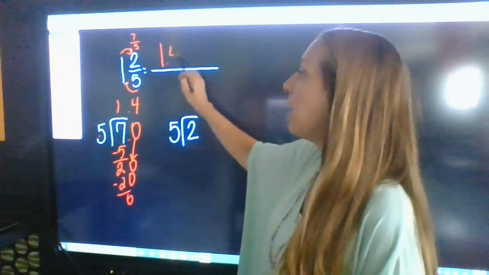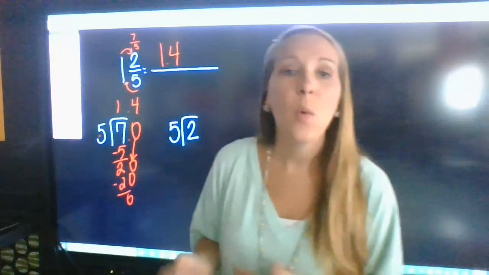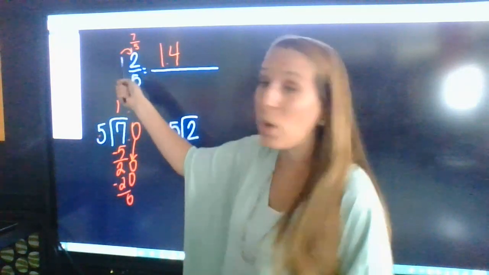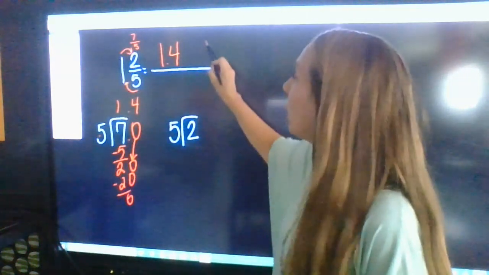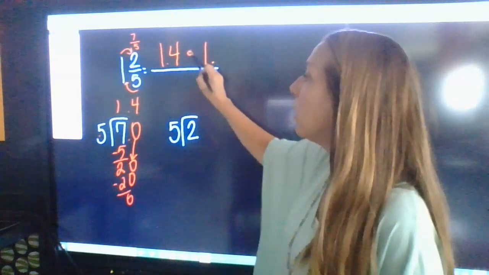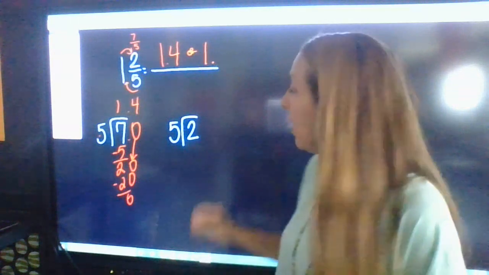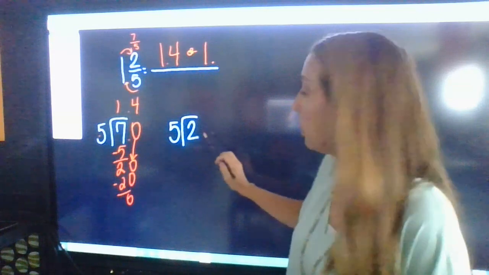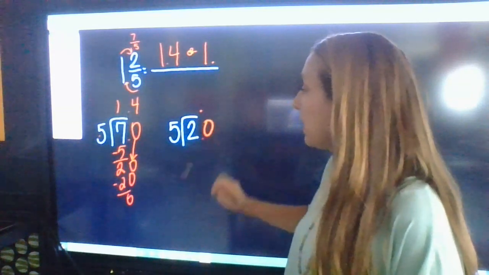So that gives us 1.4 or 1 4/10. Now, again, we can also just use the fraction because in a mixed number, this 1 is already a whole number. We can go ahead and put that in the whole number spot. Now just use the fraction 2 divided by 5. 5 cannot go into 2, but we can put a decimal and drop a 0.